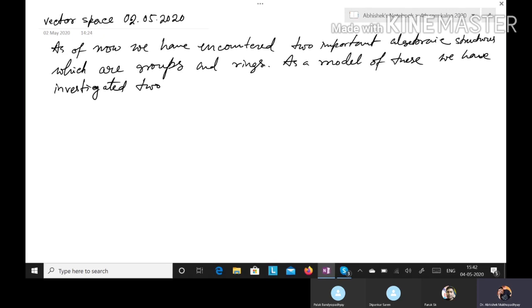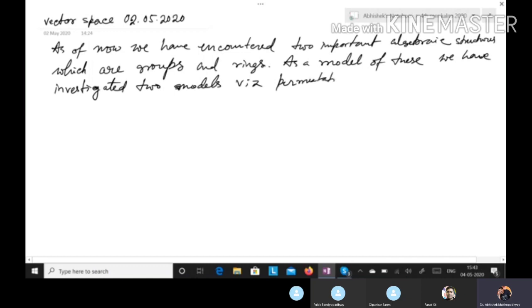One is the permutation group, which is the group of all bijections defined on a set onto itself.